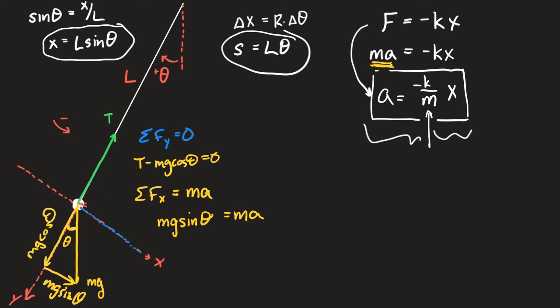Good so far? Now wait. Theta is this way, positive. But my acceleration is this way, negative. Right? So I'm going to put my negative sign in here to remind me that the acceleration is in the opposite direction of theta.